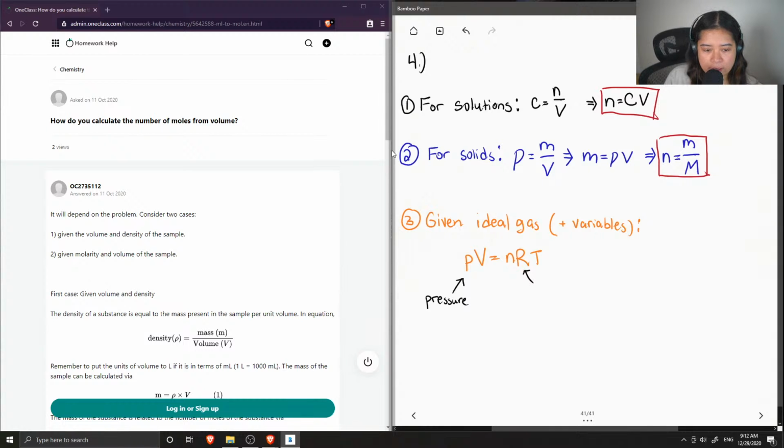R is just the ideal gas constant, so this is already known, but we would also need temperature. And V is the volume of the gas in the system.